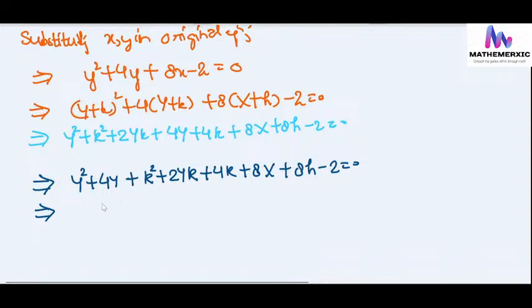So further, Y square plus 4Y together I can keep. I can also take k common here. But instead of doing this, I can do it a bit differently. Why? Because we have to equate for Y, so Y square is fine.